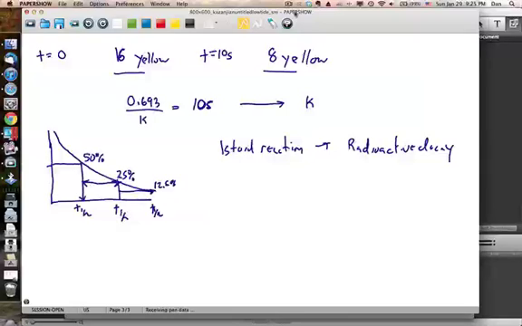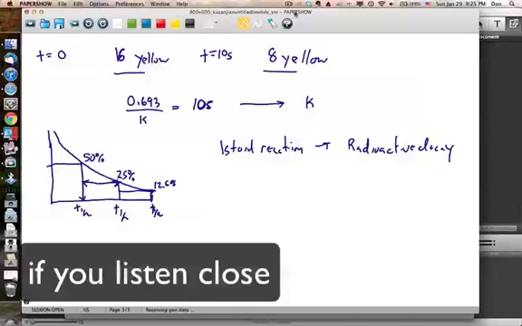So it's very useful, and that's probably where we've heard the term half-life the most. So this allows us to predict the half-life. Now, there are half-life equations for 0th order and 2nd order reactions, but they're far less common.